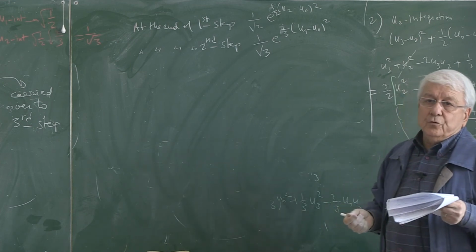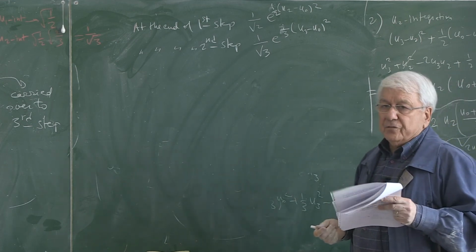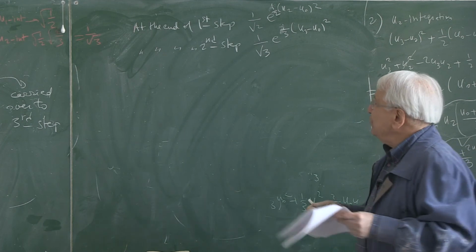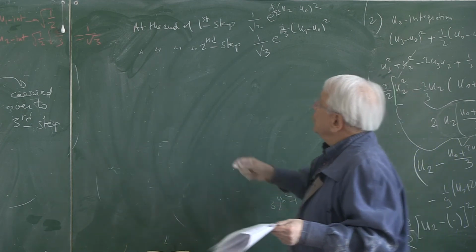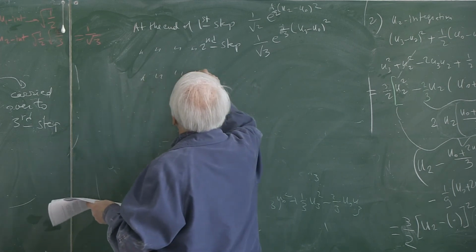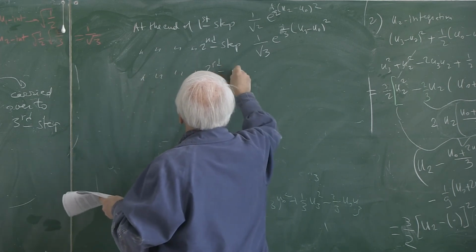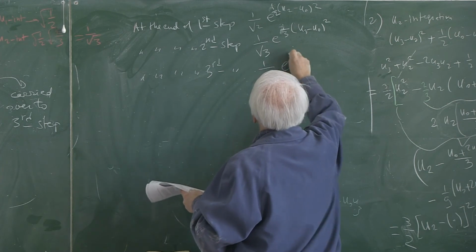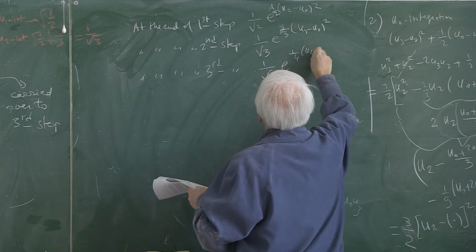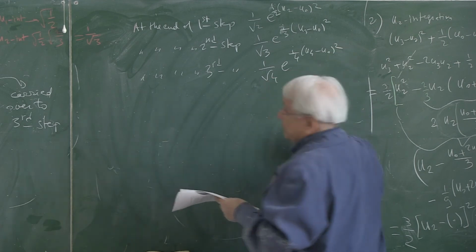So it wouldn't be too far-fetched if I now start making inductions to be checked. I invite you to check a few more steps, third and fourth. So I claim now, at the end of the third step, you'll have 1 over 4, e to the i times 1 over 4, (u4 minus u0) squared.